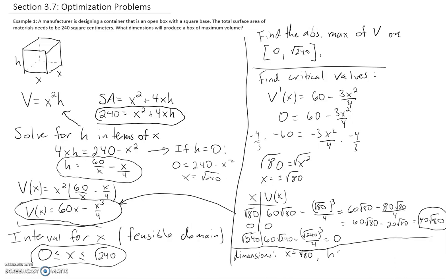So h would be 60 divided by the square root of 80 minus the square root of 80 divided by 4. For the sake of simplifying, this is perfectly fine. So these would be our dimensions of our box in this instance, where x corresponds to our base and h corresponds to the height.